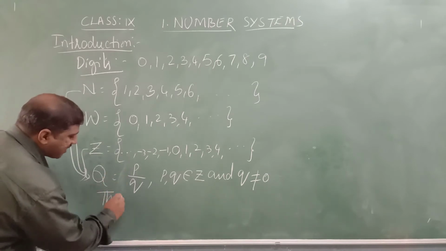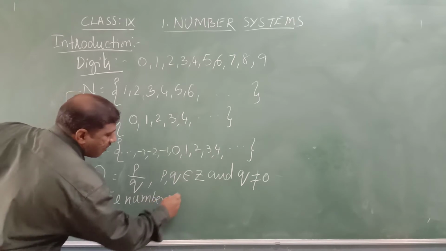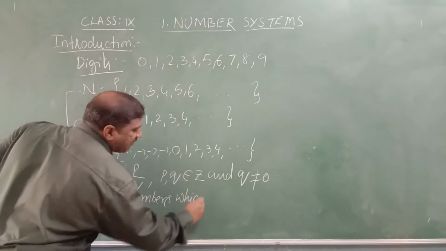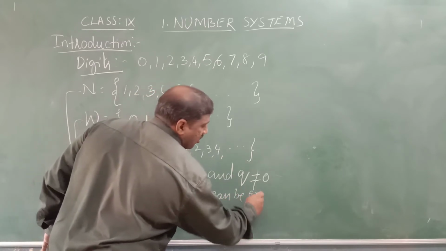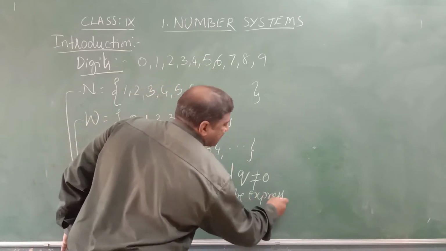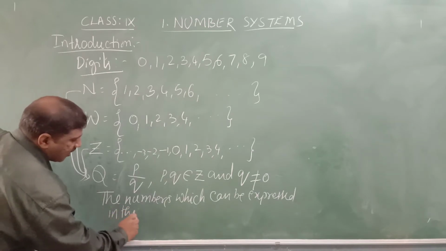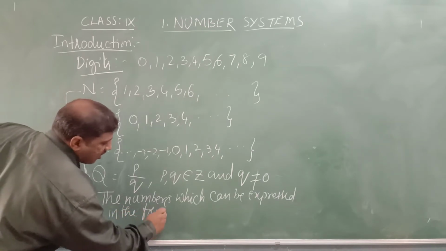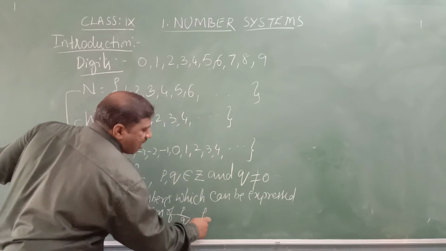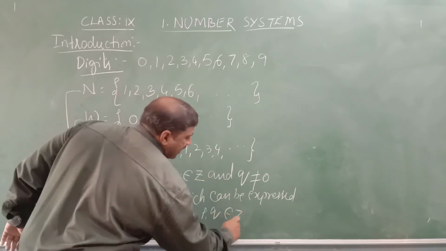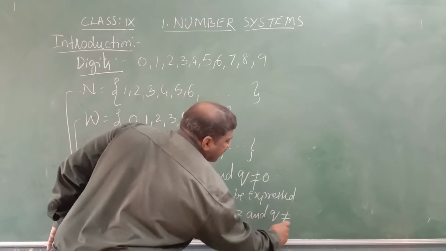The numbers which can be expressed in the form of p by q, where p, q belong to integers and q is not equal to 0.